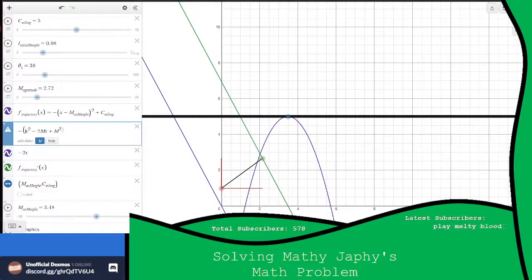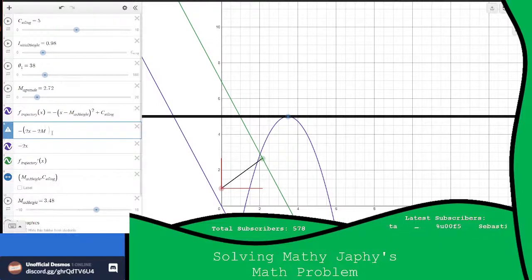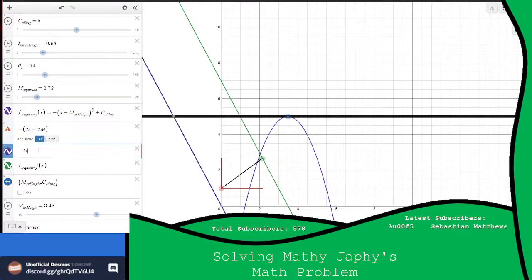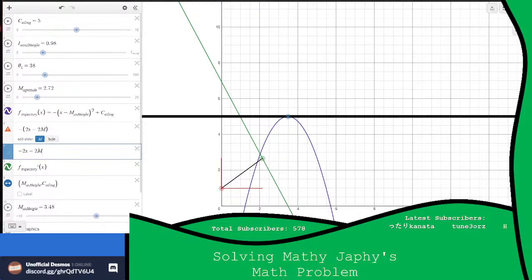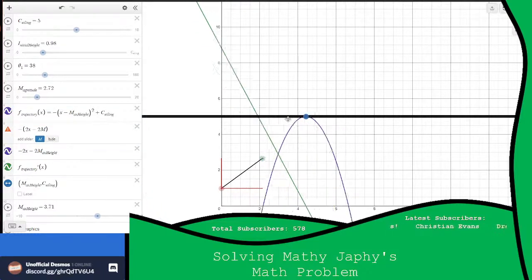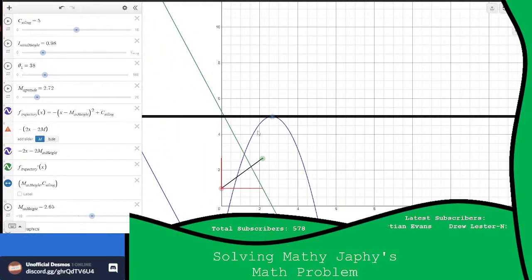So then this becomes minus, and then we just have 2m, and the rest goes away. Okay, so then we just have to do minus 2, except I think they're backwards. Yeah, they are.